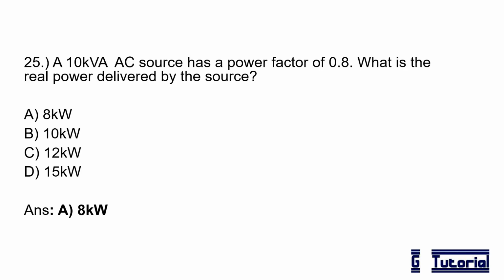Next question. A 10 kilowatt AC source has a power factor of 0.8. What is the real power delivered by the source? Power factor cos theta is the ratio of true power or real power to apparent power.